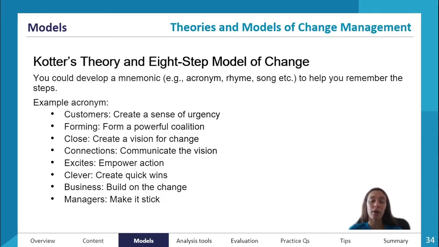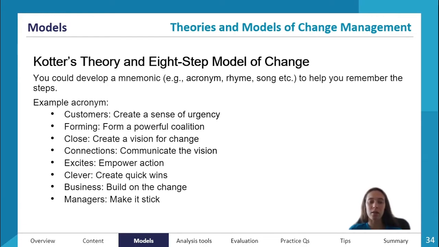And so our acronym is Customers Forming Close Connections Excites Clever Business Managers. And those letters that those words all start with then coincide with the idea behind the steps.